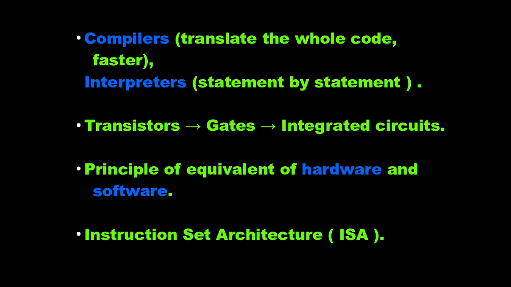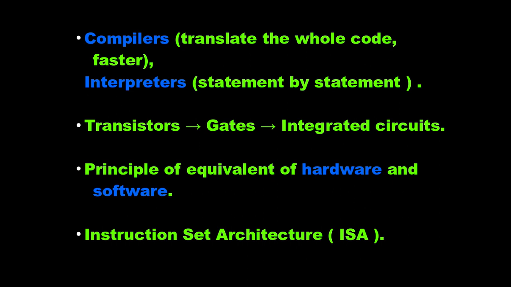From gates we can make what? Integrated circuits. What is an integrated circuit? For example, a CPU is an integrated circuit, a chip. A graphics card is an integrated circuit. A GPU is an integrated circuit. An FPGA is an integrated circuit.